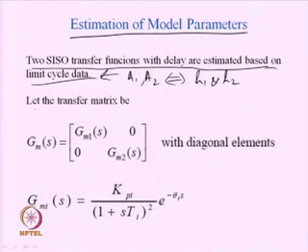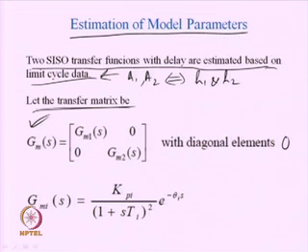Now, let the transfer matrix that is to be estimated be given by GM(S). The subscript M stands for model. The transfer function model matrix GM(S) is equal to diag(GM1(S), GM2(S)) with off-diagonal elements 0.